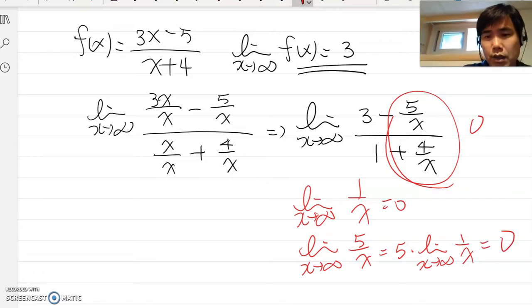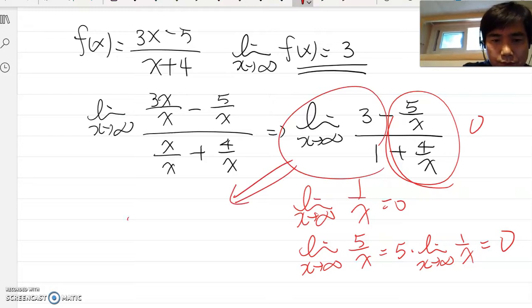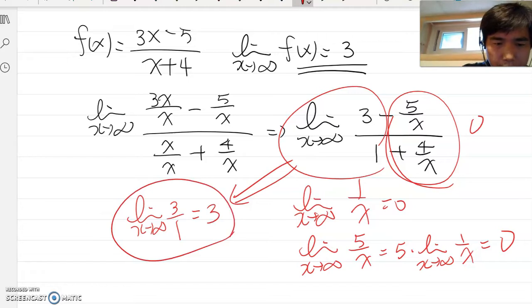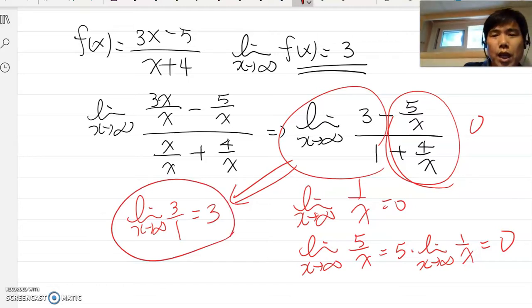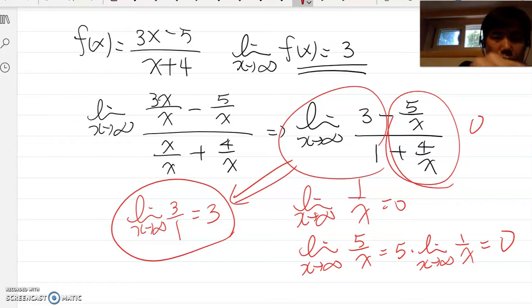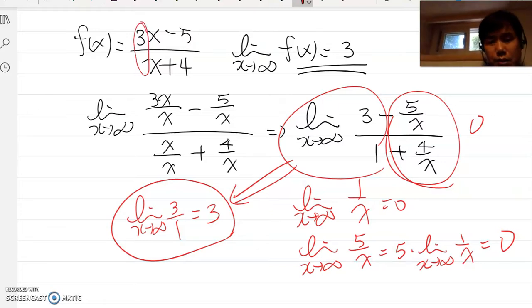Then the leftover is this one: the limit as x moves to infinity of 3 over 1, so it becomes 3 basically. Then what can we confirm here? If the degree values are exactly the same, then the limit value becomes the leading term's coefficient. That will be the answer.